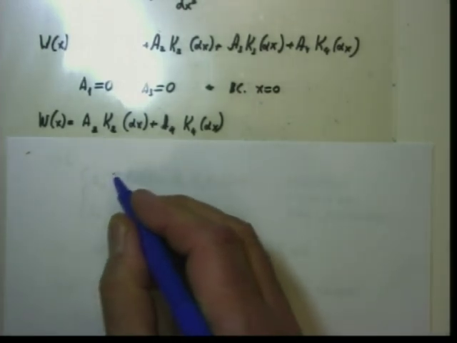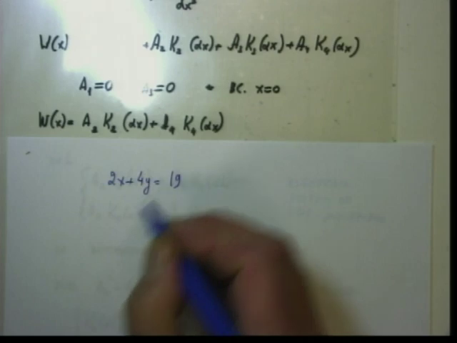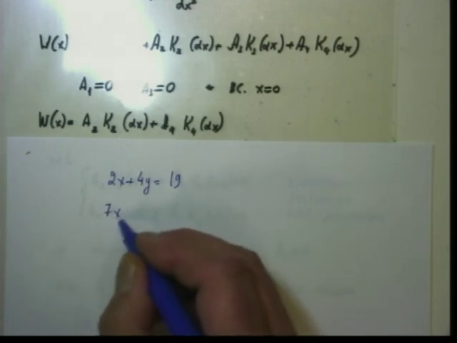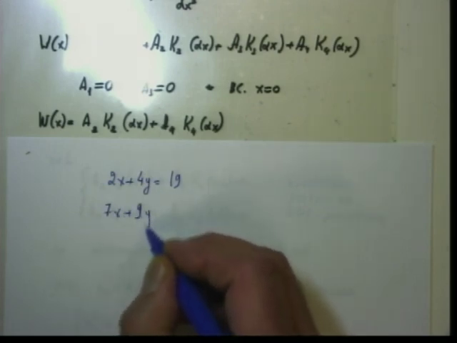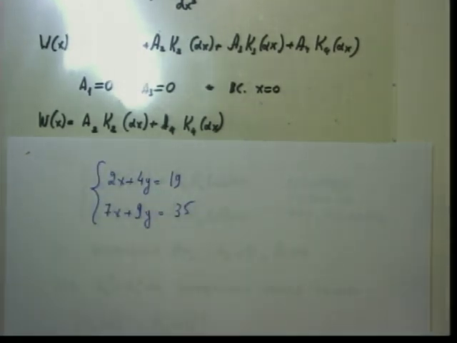When I have a system of 2 equations with 2 unknowns, let us say 2x plus 4y equals 19, and 7x plus 9y equals 35, say. I just wrote these numbers randomly.